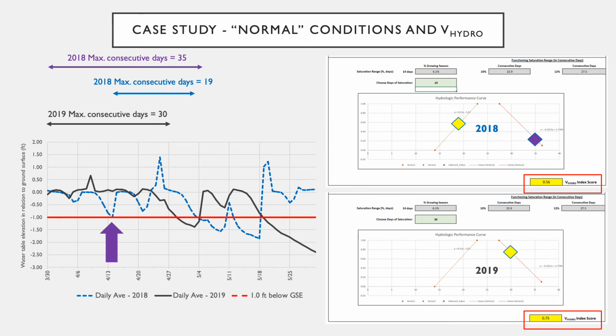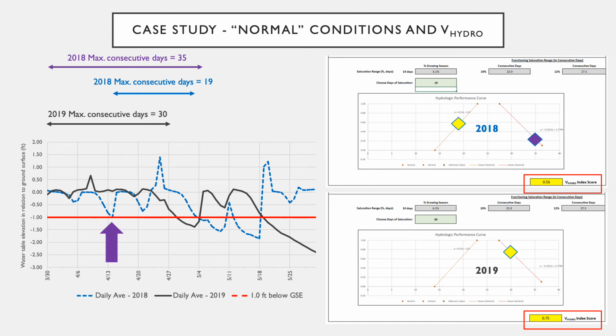In reality, the water table was only below 12 inches for less than 16 hours, based upon how these loggers are logging. So if you adhere strictly to the definition, in 2018, that was maximum consecutive days of 19. But you can see that on either side of this minor deviation we had saturation.